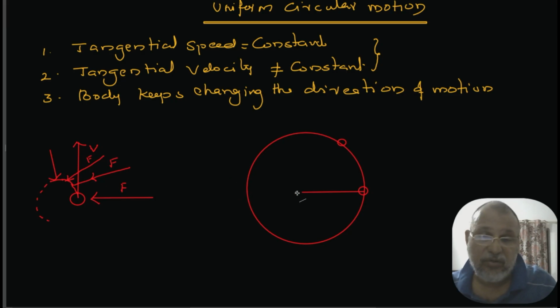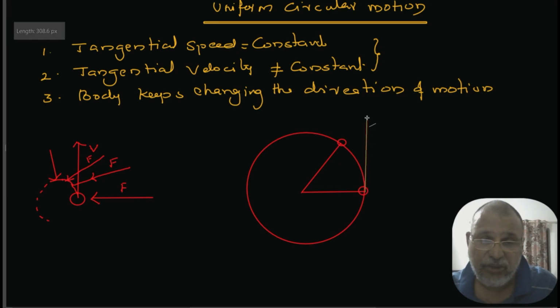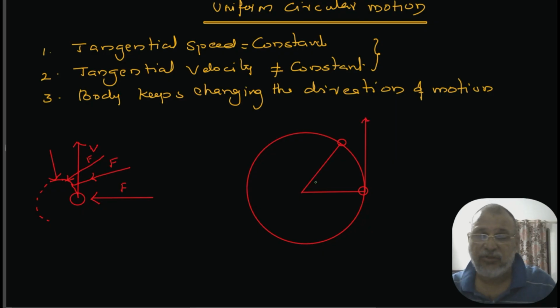We know that the tangential speed remains constant all the time, but the direction of motion keeps changing. This is the tangential velocity here, and this is the tangential velocity there. Both will have the same magnitude, though they are different vectors because they are in different directions.